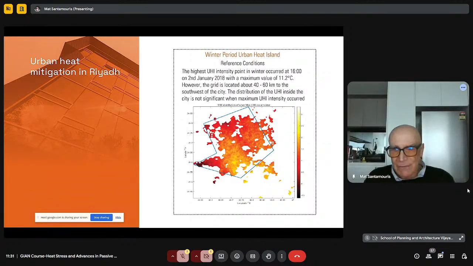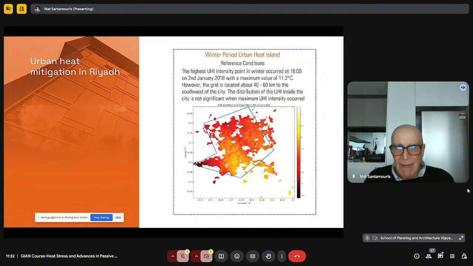Winter in Riyadh means temperatures close to 25, 30 degrees. So it's not a very strong winter like we know in Australia or maybe in some parts of India. Regarding the magnitude and the characteristics of the urban heat island during the winter period, we understood that the highest urban heat island intensity happens at about 4 o'clock in the afternoon, and the maximum value was very high, 11.2 degrees.